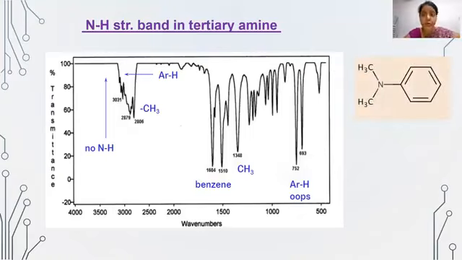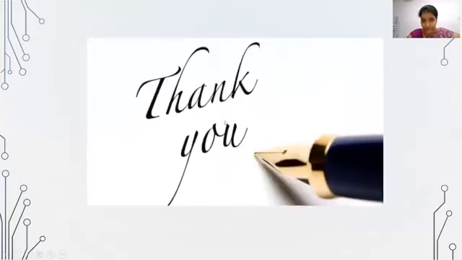This is the example of N,N-dimethyl aniline, in which nitrogen is attached with two alkyl groups, and both the alkyl groups show absorption below 3000 centimeter inverse. These are the peaks produced by CH3 groups, and above 3000 these peaks are produced by the benzene ring. Thank you.